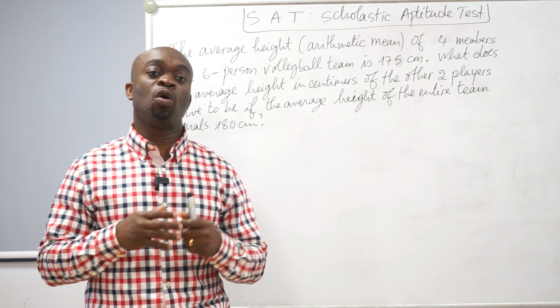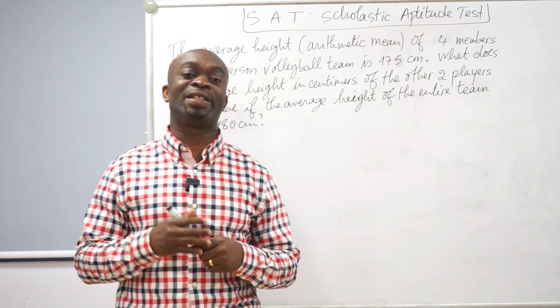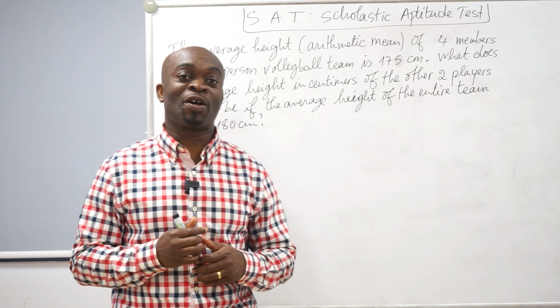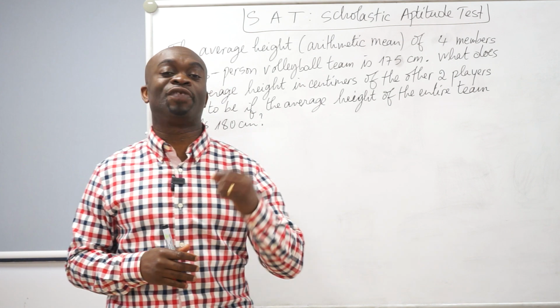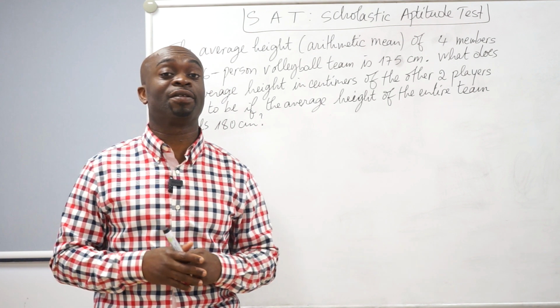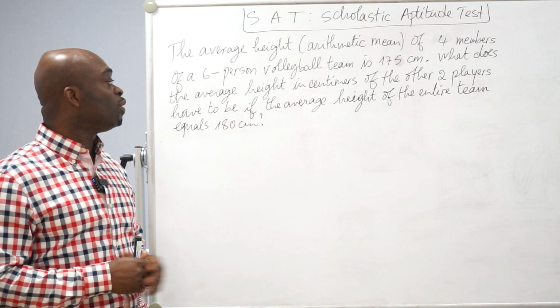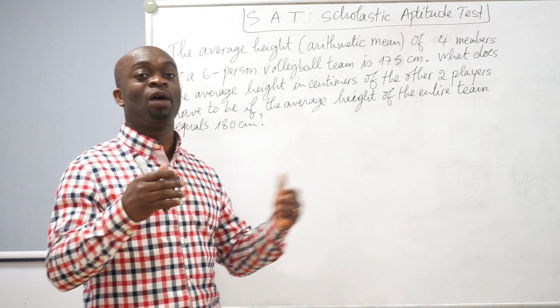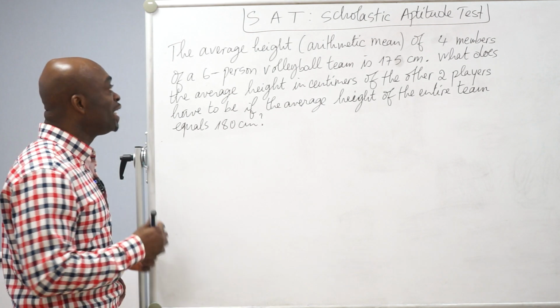On that test, you are usually tested on math and then English. We're going to talk about the math part. The details of that test will be conveyed in another video, but at this point, we're going to talk about the math. One of the questions could be this one that we're going to work on together. So let's go at it.